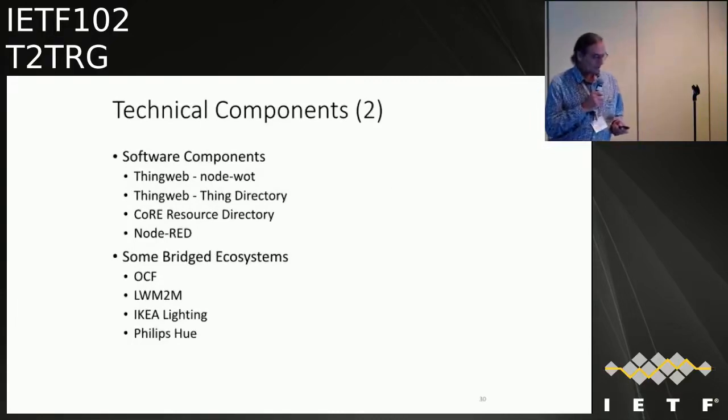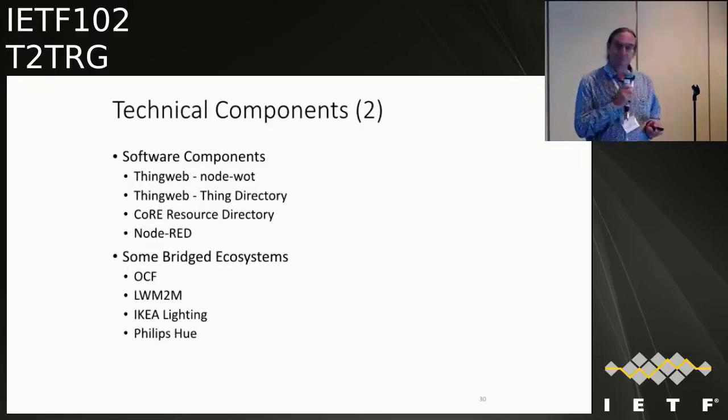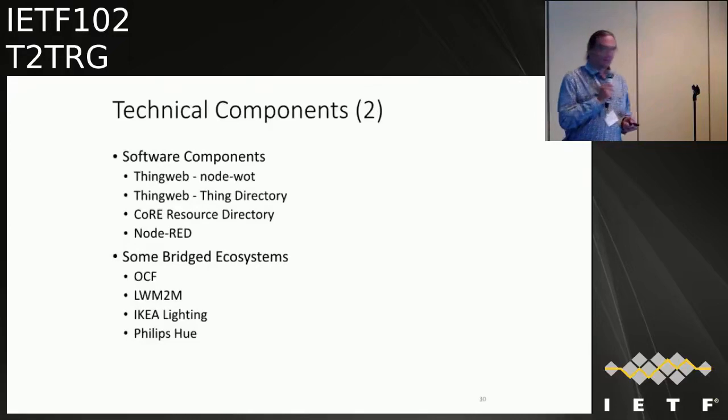Additionally, we have the software components that we're using: Node-RED, thing directory, core resource directory, which can also be used as a directory in this. Node-WoT for application, for quick prototyping of applications, turns out to be a really handy tool, and also allows you to interface directly with CoAP, HTTP, and MQTT.